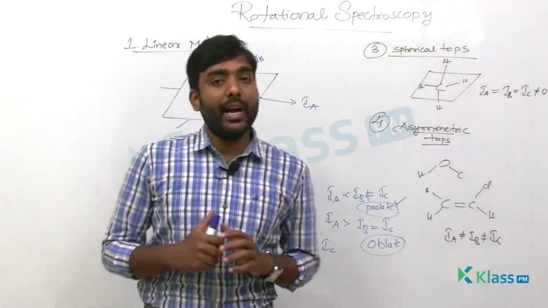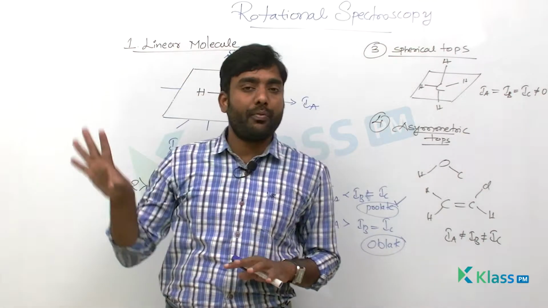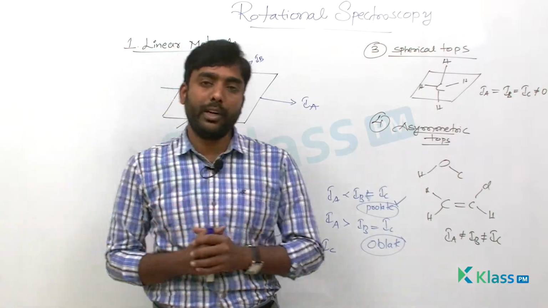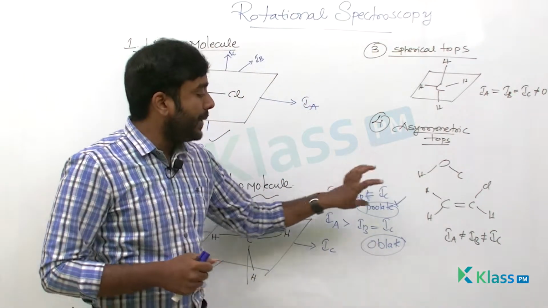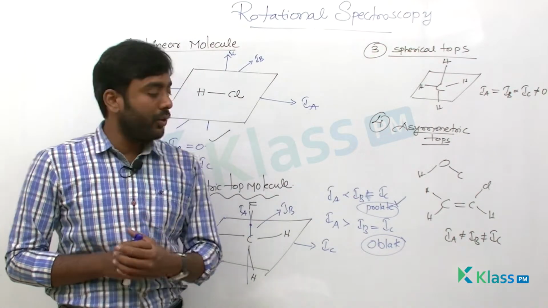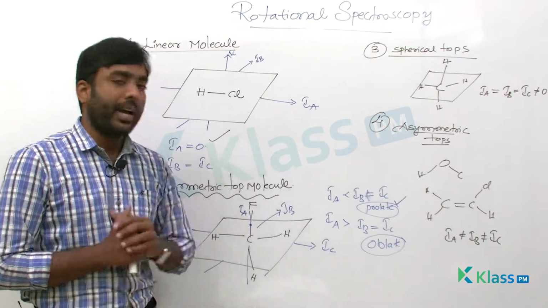When it comes to IB and IC, in that kind of rotation the relative positions of all the atoms are changing, so these two are equal and greater in magnitude. If IB and IC are greater than IA, that is called a prolate type of molecule. And if IA is greater than IB and IC, that is called an oblate type of molecule.